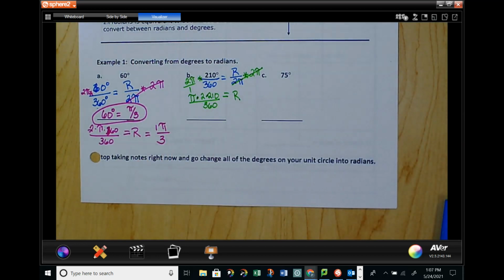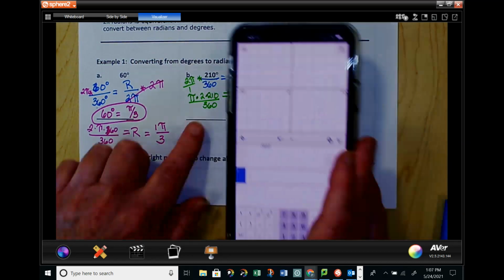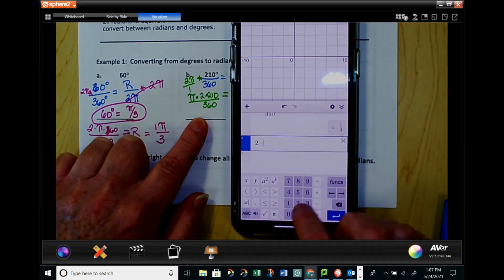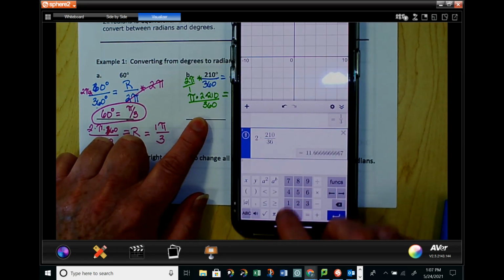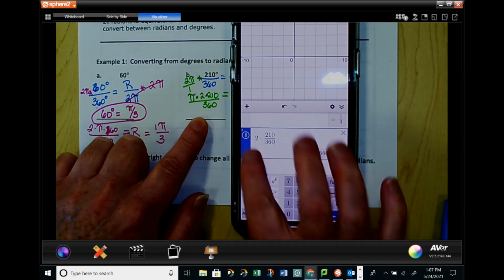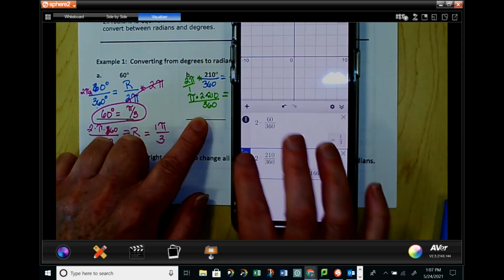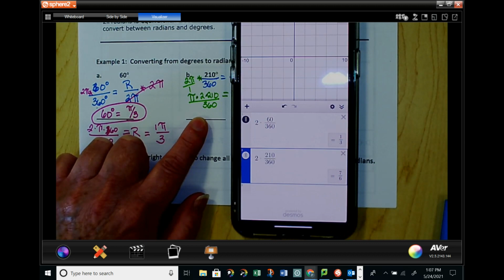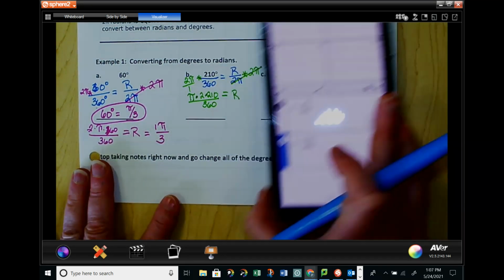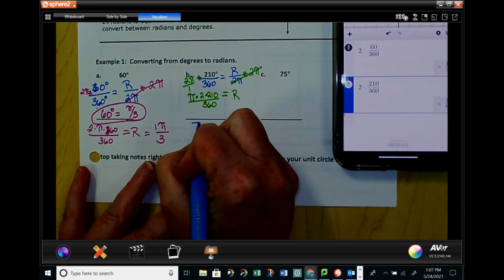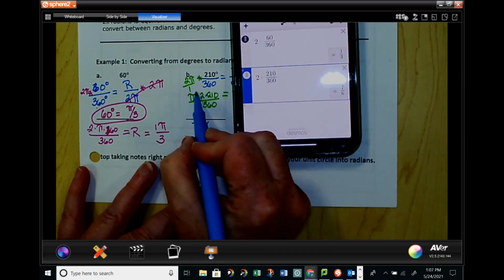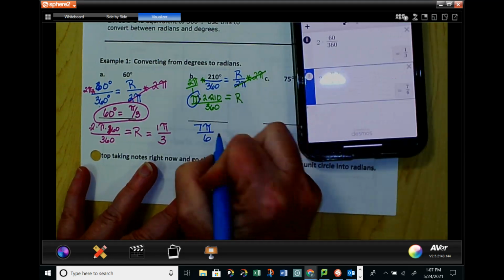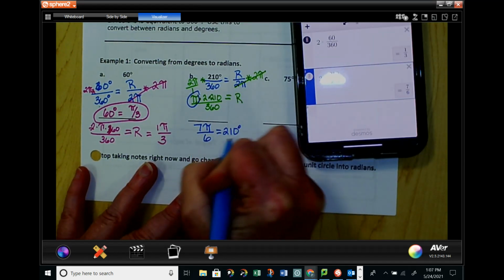Then we use our friend Desmos. So 2 times 210, and then divide by 360. Again, I get a decimal, hit my little fraction button, and now I get 7 pi over 6. So remember you always have to put in that pi. 7 pi over 6 is equal to 210 degrees.